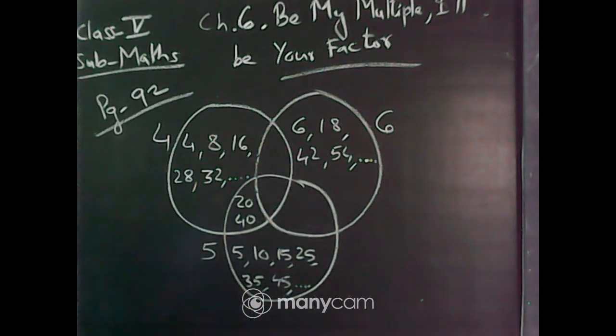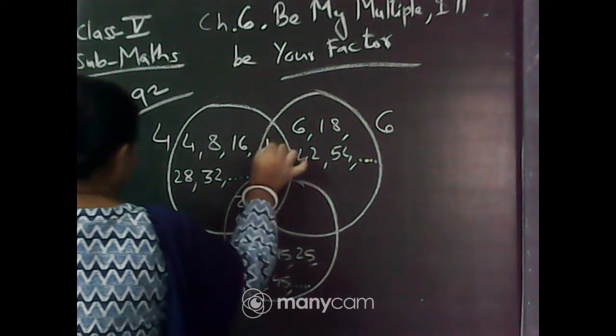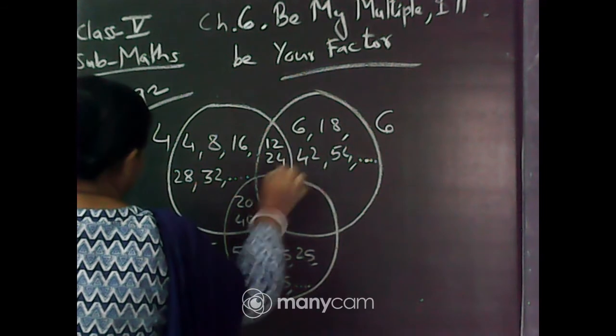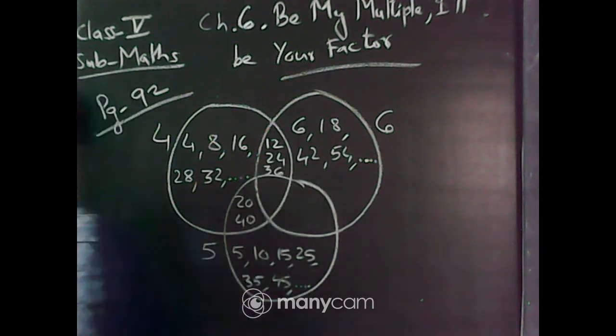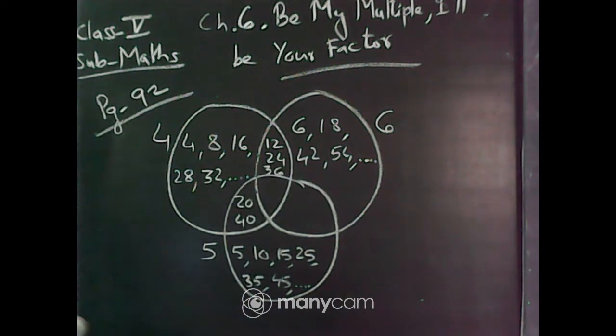That means 20 and 40 come in 4 as well as 5, both the tables. Similarly, common multiples for 4 and 6 will be 12, 24, 36, like this, isn't it? Some more will be there.